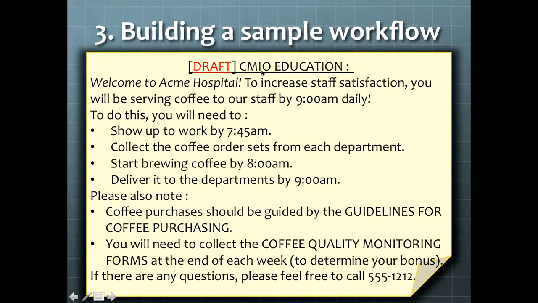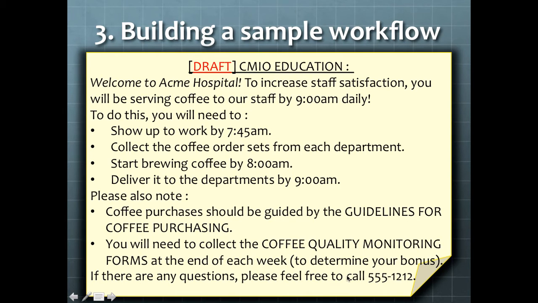The education for the CMIO is even more intricate. This would say, "Welcome to Acme Hospital. To increase our staff satisfaction, you are going to be serving coffee to our staff by 9 a.m. daily. So to do this, you're going to need to show up to work by 7:45 a.m., collect the coffee order sets, start brewing the coffee, deliver to the departments by 9 a.m. But please also note that coffee purchases should be guided by the guidelines for coffee purchasing, and you will need to collect the coffee quality monitoring forms at the end of each week to determine your yearly bonus.